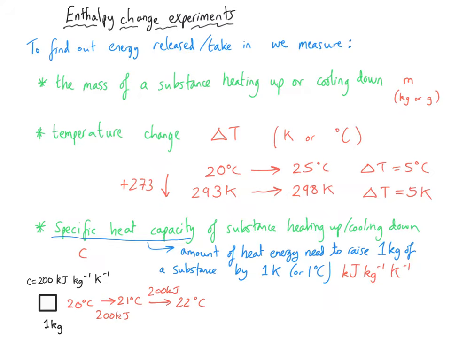Now, there is ever such a slight complication here: the units of specific heat capacity are kilojoules per kilogram per Kelvin, or they could be joules per gram per Kelvin as well.